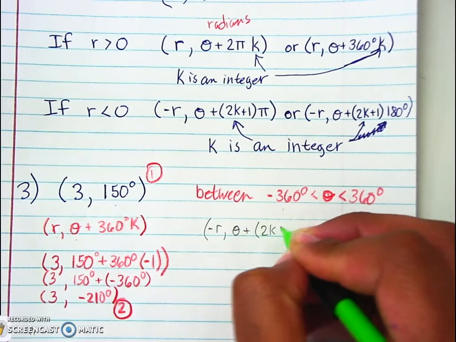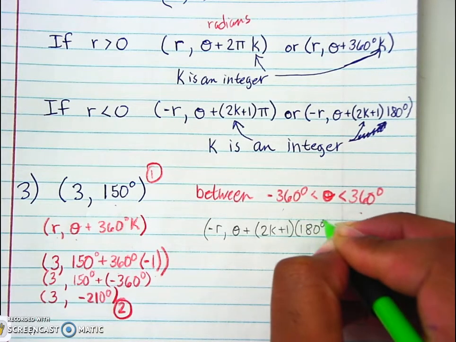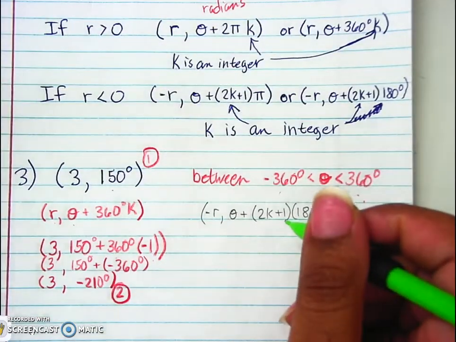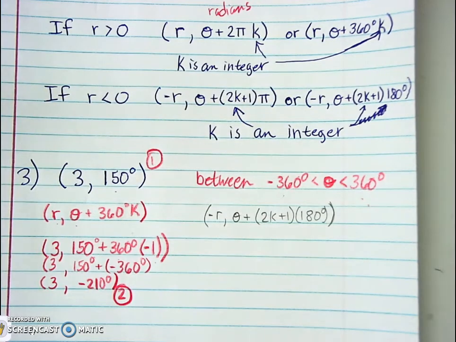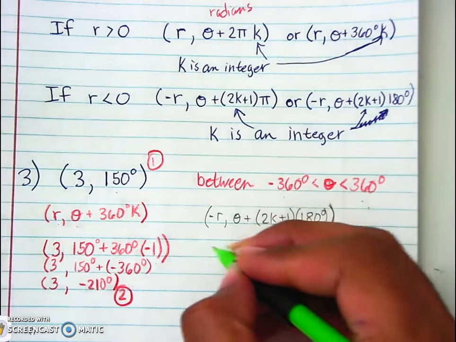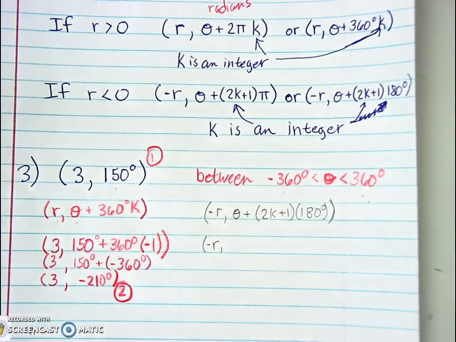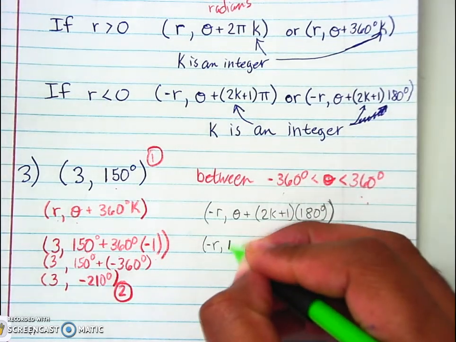That's the 2k plus 1 times 180 degrees. When we do that part, we have to again make sure everything stays within 360. Even if this part doesn't make sense, just try numbers for k and simplify it down. If it's between the two limits, then you're good. If it's not, you have to choose something else. And you guys are smart, you can figure that out.